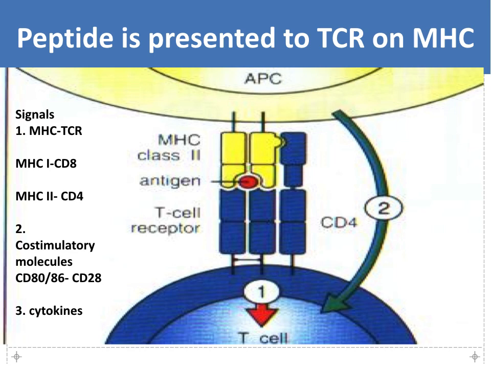So not only do you need T cell peptide MHC recognition or activation, you also need the co-stimulatory molecules. For example, CD80 or 86 complexed to CD28. And then you have also the cytokine milieu.